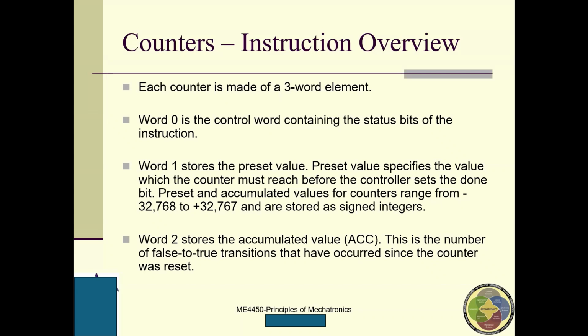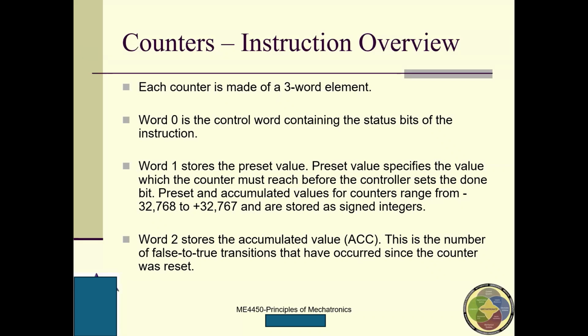Here, if the preset value of the counter is reached, then the controller will set the done bit of the counter and tell people that counting is over and you can control something. So there are the preset and accumulated values, ACC, and here also it goes from 0 to the preset value.